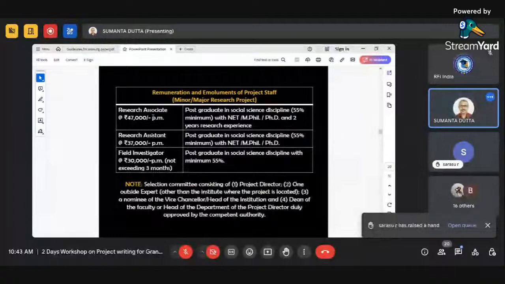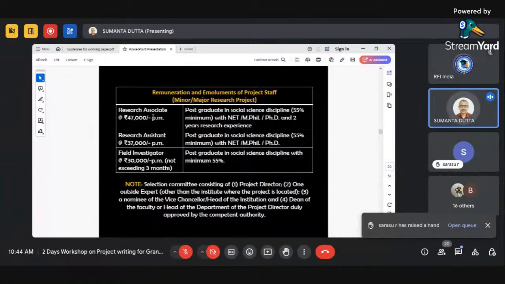Okay. Now, the most important thing is the selection committee, who will become a member of the selection committee to appoint those staff. It is stated that the project director must be there, who can act as a coordinator, and one outside person, other than the institute where the project is located; anyone you can take from outside your own institution.